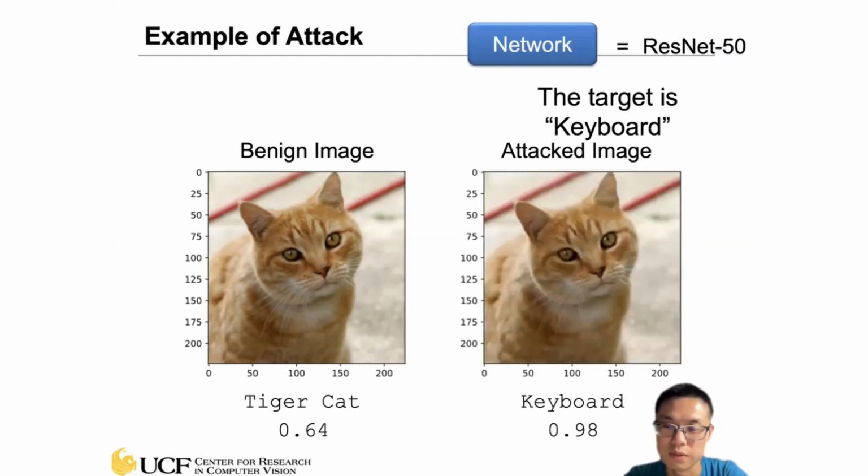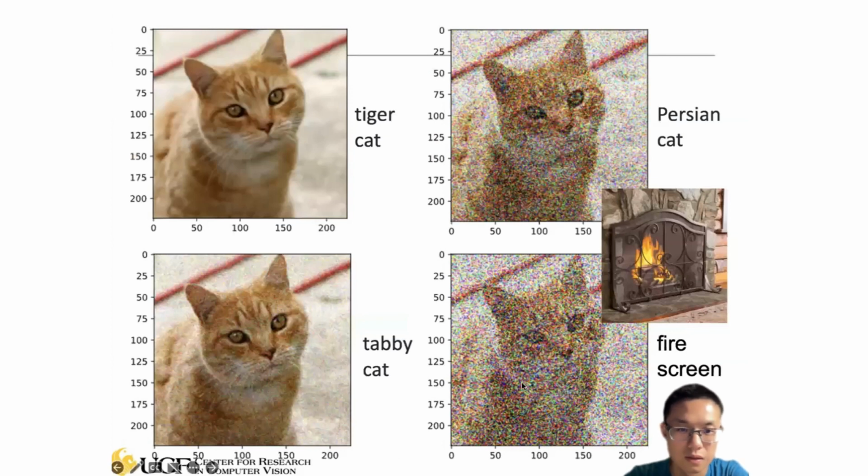And we can also do this for another different target. This is a keyboard, and this is the attack image, and it will make the network generate a high confidence prediction of keyboard with 98% confidence. And here is an example in terms of the level of noise we add to the original image. Here, this is the original image, and the network is able to predict the correct label, tiger cat.